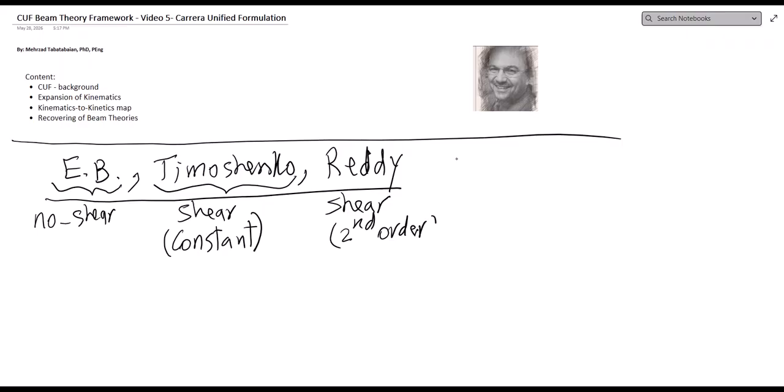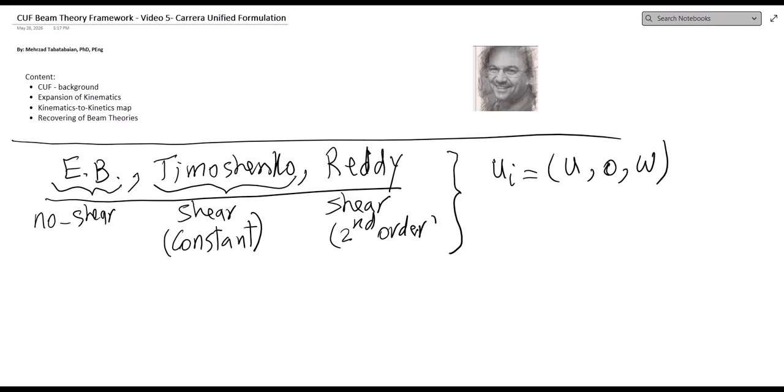One thing which is very common and can give us a hint of what we are going to do in this video and the follow-up is that in every beam theory that we have covered so far, we consider a kinematic. Let's say u_i is u and w.